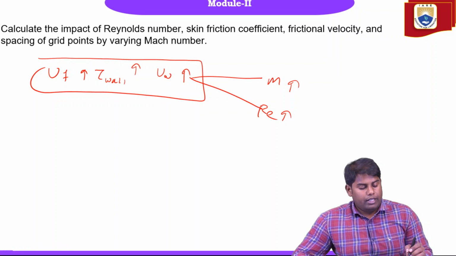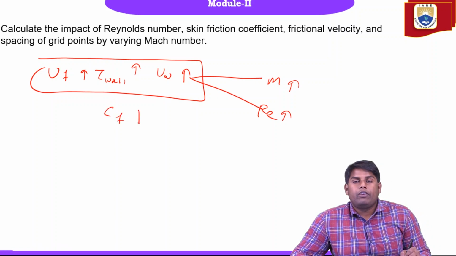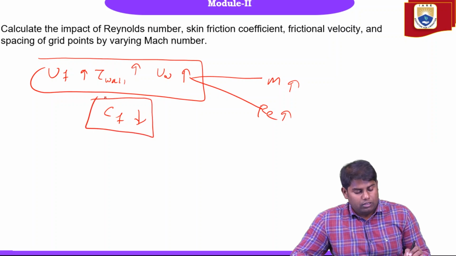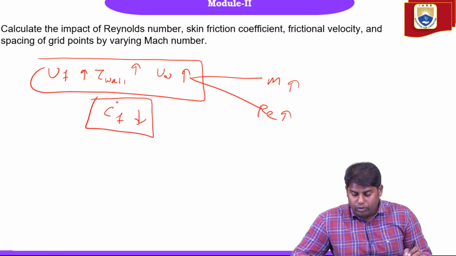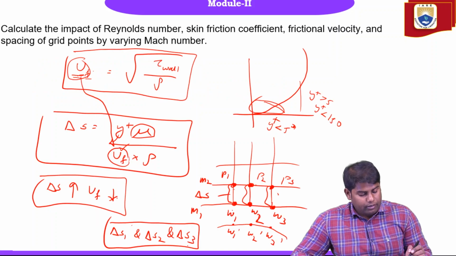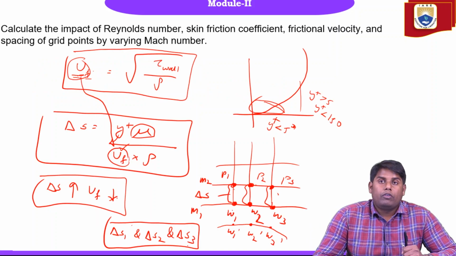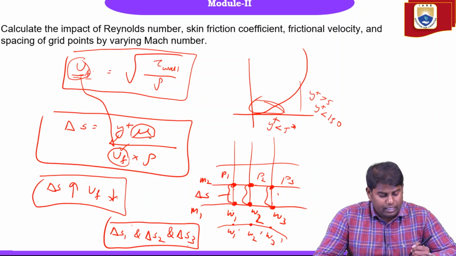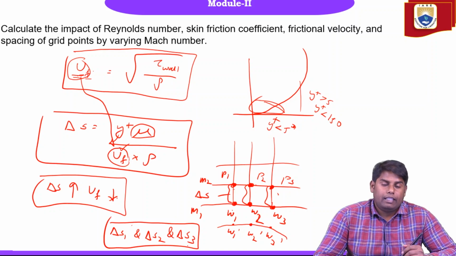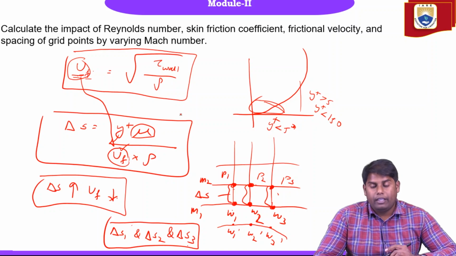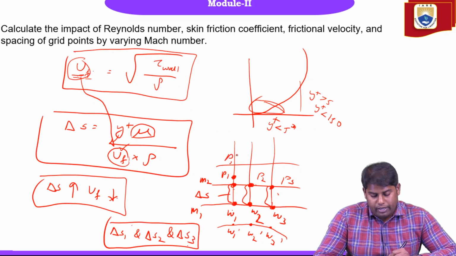But here only the CF value decreases. So from the simulation point of view, what is happening? As the value of UF decreases, the delta S increases. The spacing here, let's say this one may go to the new point here, P1 dash.